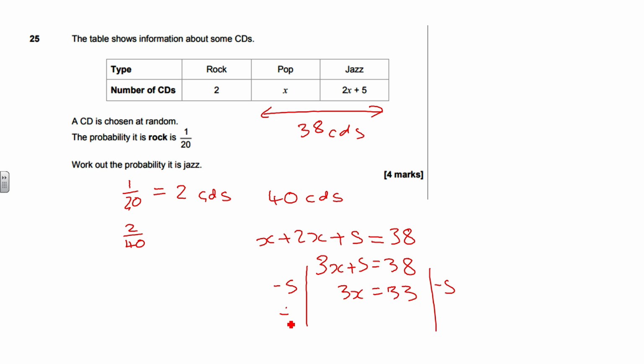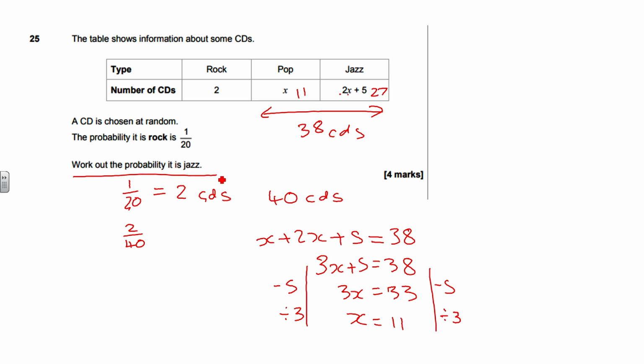Then we divide by the 3 to get 1x, divide by the 3 to balance, is 11. So we know there were 11 pop CDs, and then 2 times 11 is 22, plus 5 is 27. So there were 27 jazz CDs, 11 pop CDs, 2 rock CDs.